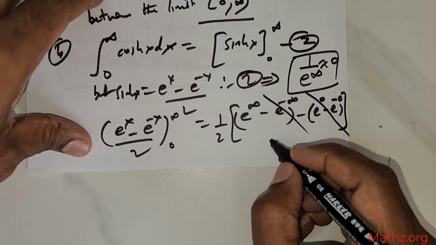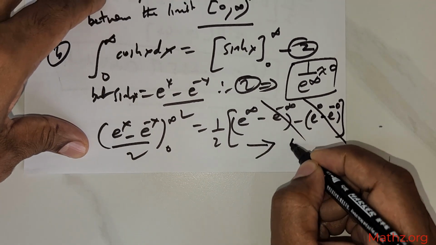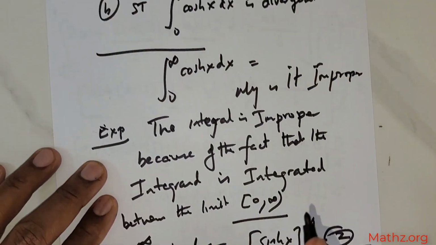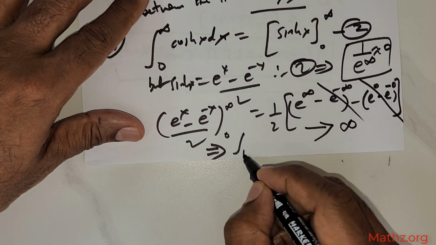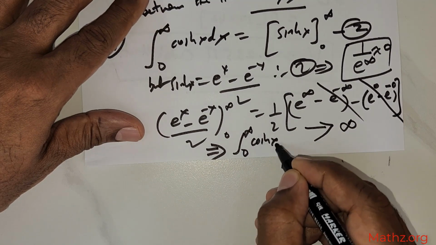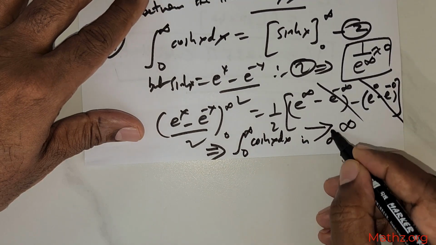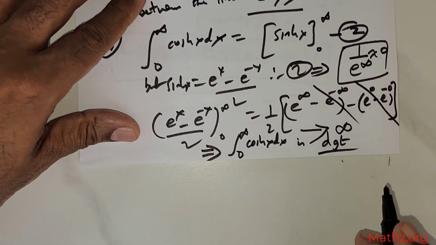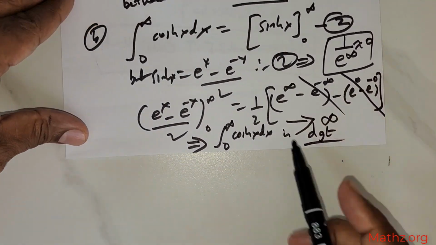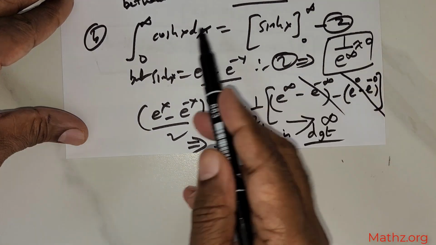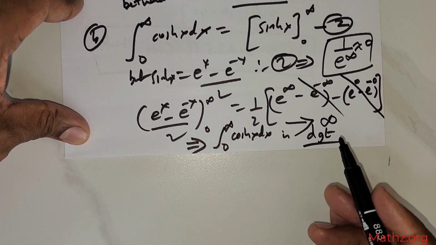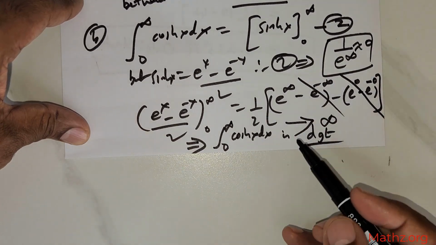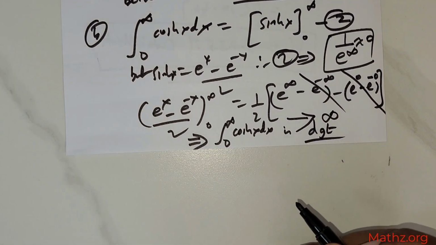Now e raised to the power of infinity is infinity, so that would mean we have shown that the integral 0 to infinity cos x dx is divergent. Okay, that's a conclusion. You follow me? But you will have to show all of this. You can either show it like this, or you can utilize limit concept, right? I have applied the limits and I have shown you, but you can also apply limit concepts.